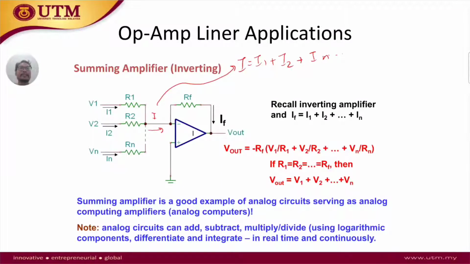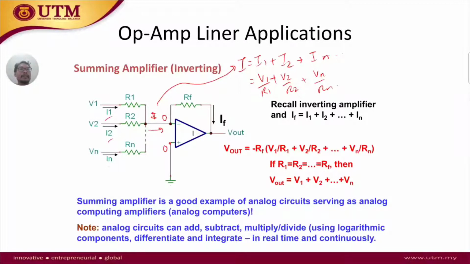Okay, so it's just a summation, Kirchhoff's current law, whereas the total current at this node here is just a summation of I1, I2 and so on. So from here we know that I1 is V1 minus 0, so here is V1 over R1, plus V2 over R2 plus Vn over Rn.